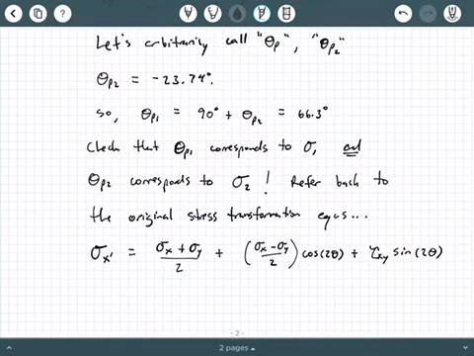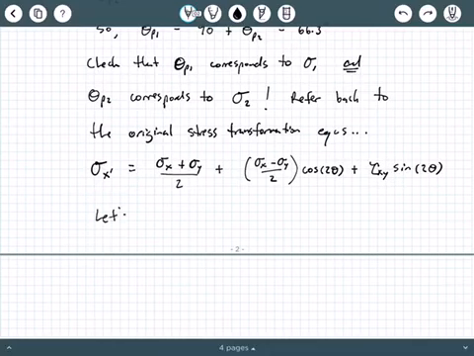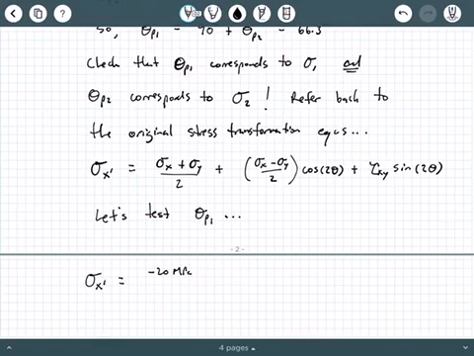We should end up getting the sigma 1 value from earlier. We should end up getting 116 megapascals. Now, if we don't get 116 megapascals, then what would we probably get? Well, we may get the negative 46.4, in which case what we called theta p1 is really not theta p1. It's really theta p2. So this is a way to check if our angles correspond with the correct stress value. And if it doesn't, then you just relabel the angle value.